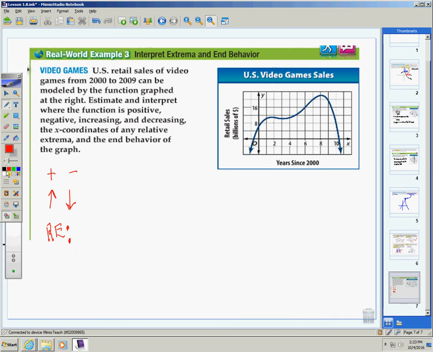And you don't necessarily have to go through and write all these things down, but I can kind of see it's positive all the way when it's above the x-axis, so positive would be black, and it's negative when it's below the y-axis, so that's where I'd have my negative. So you could say it's positive from about 1999, since this is years since 2000, to about 2010, and then it's negative before and after that.